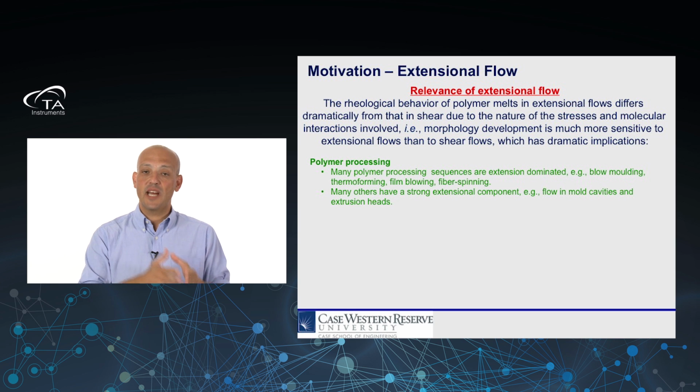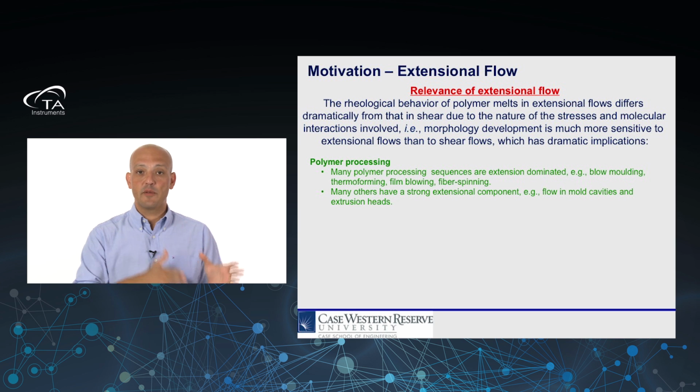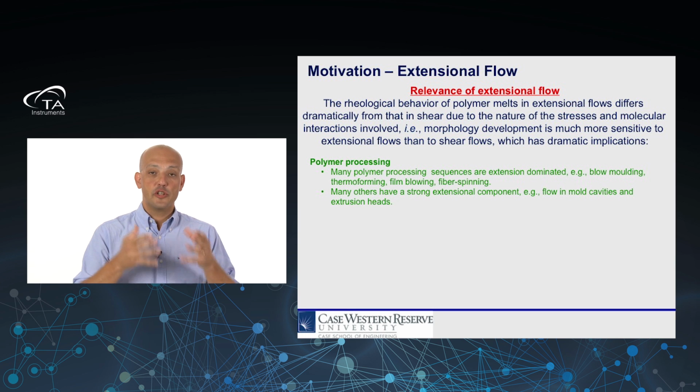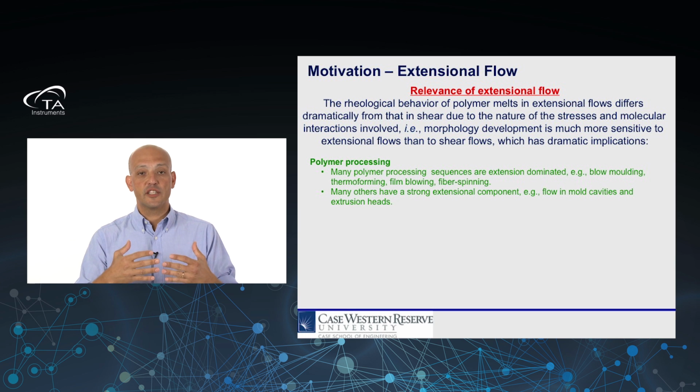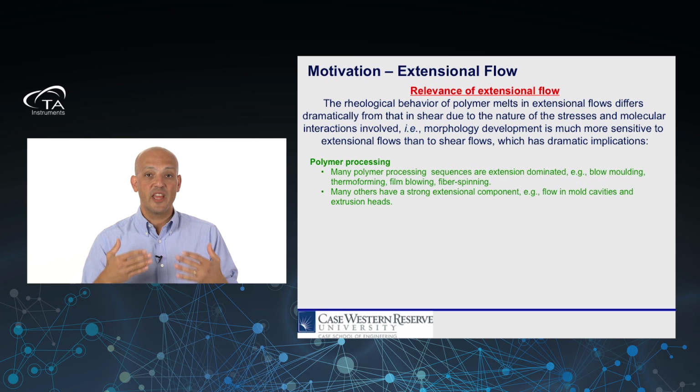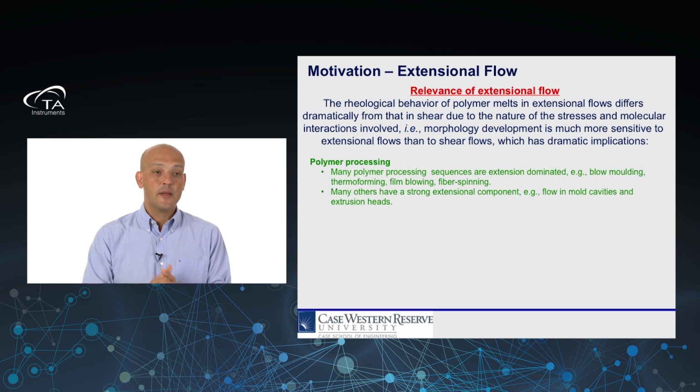And if you want to design the correct process, the right processing conditions for your material, you need to be able to understand what the rheological behavior of that particular polymer in an extensional flow is.